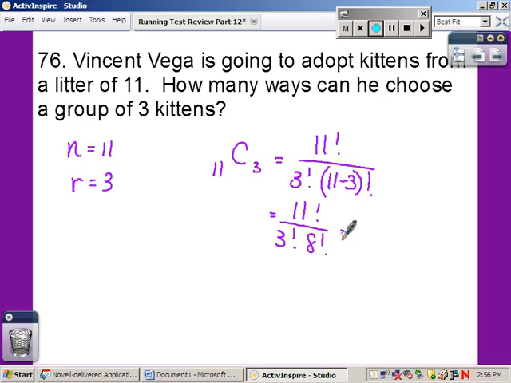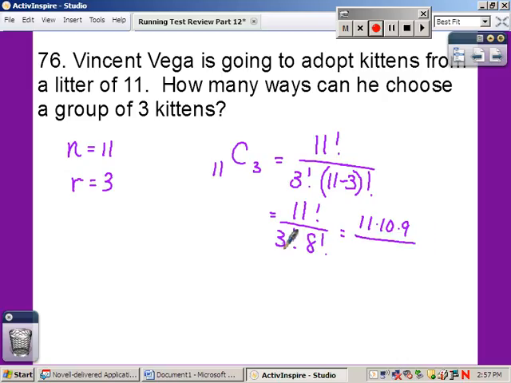This means that on the top, I'm going to have 11 times 10 times 9 times 8 times 7 and so on, all the way down to 1. But this 8 factorial right here means 8, 7, 6, 5, all the way down to 1. So on the top, all I'm going to have is the 11, the 10, and the 9. Everything else from 8 down would be canceled by this 8 factorial.